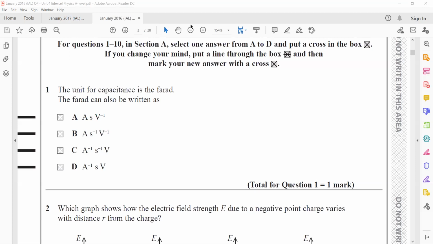Look how you can work it out. You have the formula Q = CV. Yes, A is the right answer.